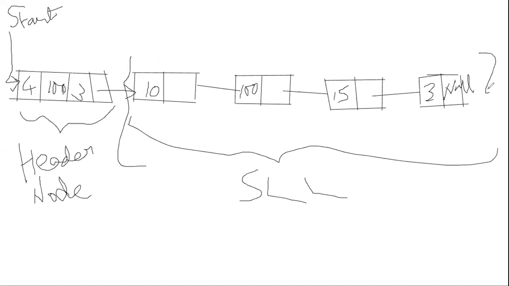Here to here only, but I have one extra node here: the first representing the number of nodes, the second representing the maximum value in the list, the third representing the minimum value in the list. When you are starting, will you get the information about your linked list without traversing? No need to traverse from the second node to the last node. This node only will give you some information about the linked list.